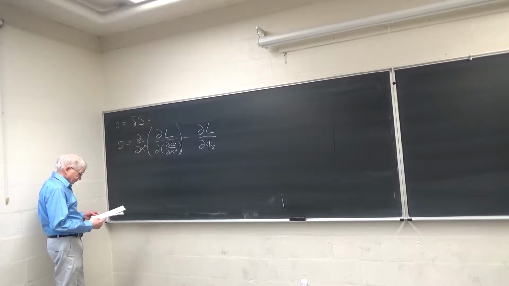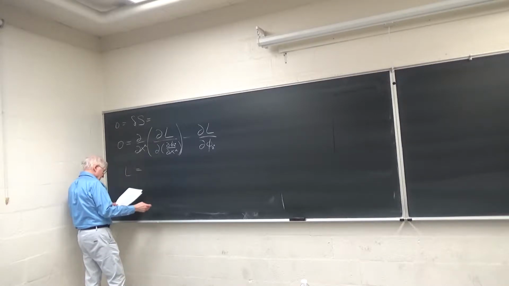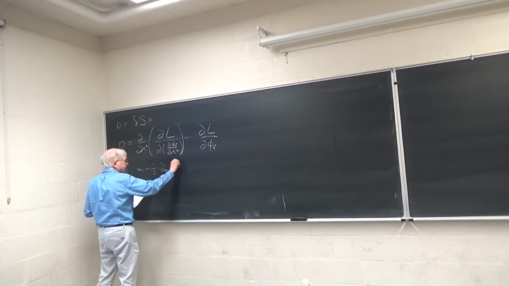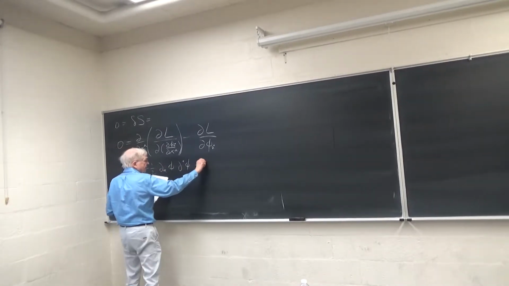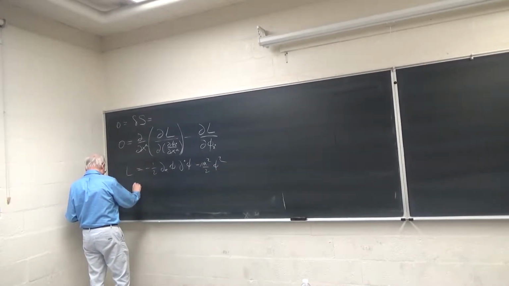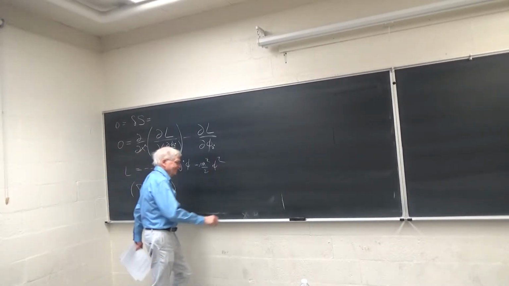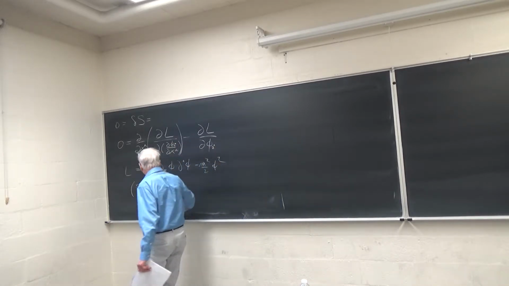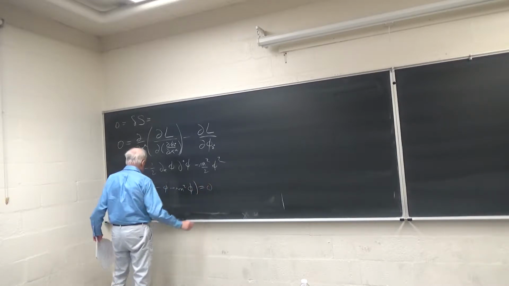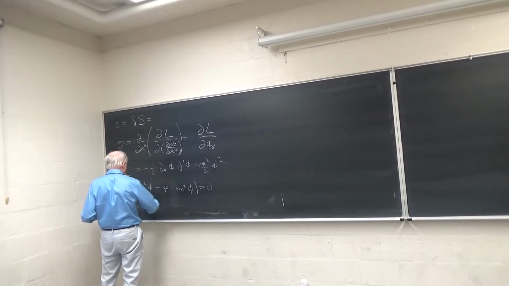And in particular, if the action is for a single scalar field, then the equation is grad squared phi minus phi double dot minus m squared phi equals 0, and this is often written in different ways.